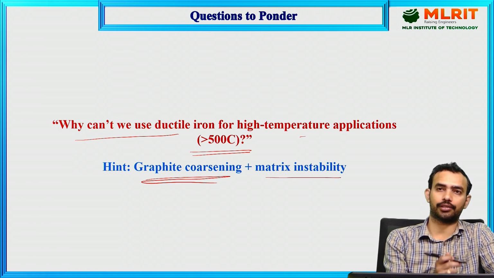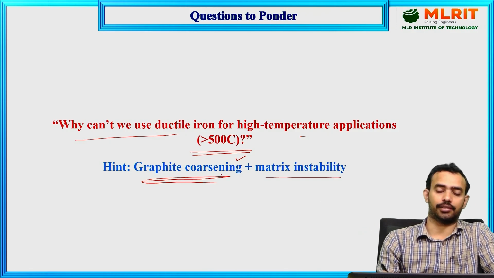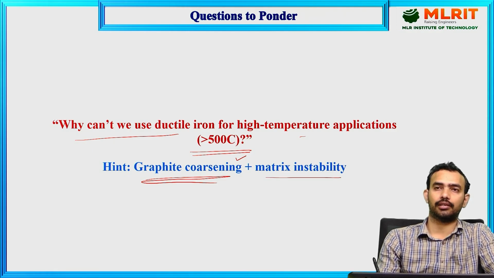We have discussed the matrix options, like ferritic, pearlitic, and austempered matrix combinations, and we have also discussed graphite coarsening and magnesium fading out in the limitations. So the answer is given in the hint itself. Once you get the answer, please respond in the chat.